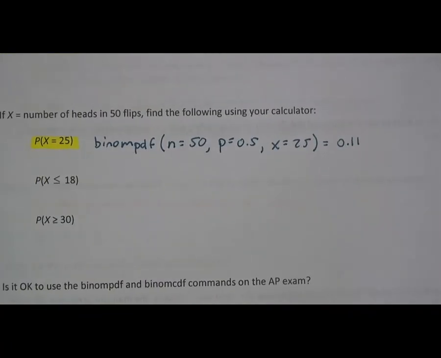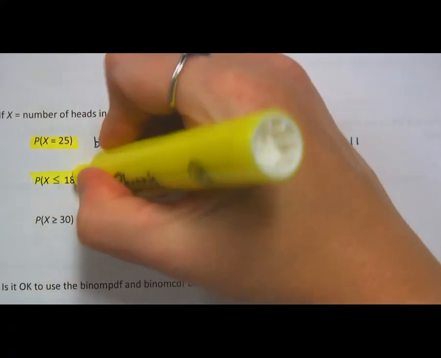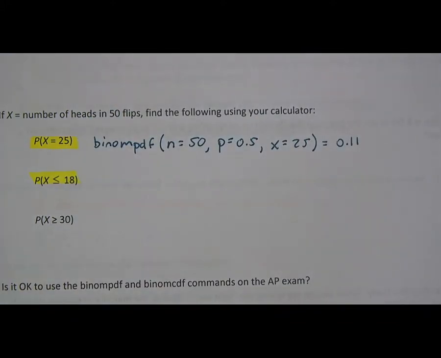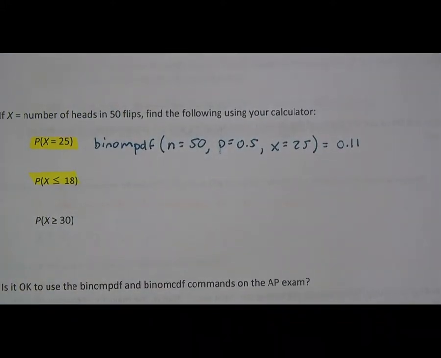All right, cool. Now I want to know, what does that mean in context? The probability that I flip 50 times and I get less than or equal to 18. So I have to add together the probability that I get 18 with the probability that I get 17 and 16 and 15 and 14 and 13 all the way down to none.